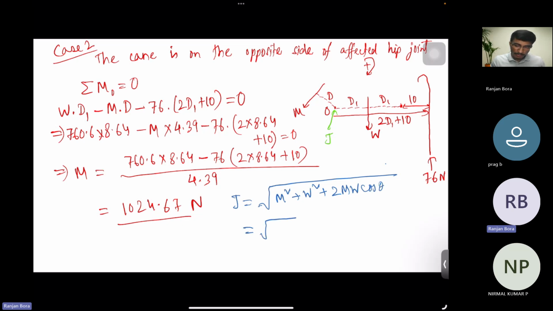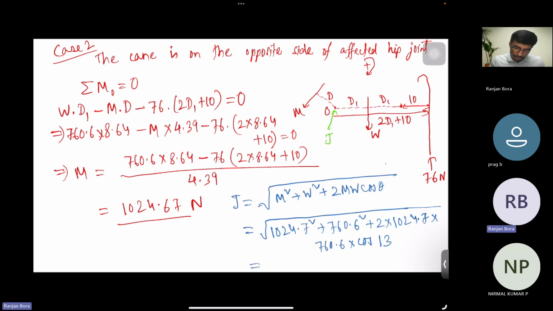It will be, M is 1024.7 square plus W is... 13. So we solve this.